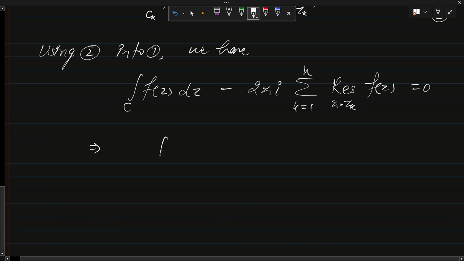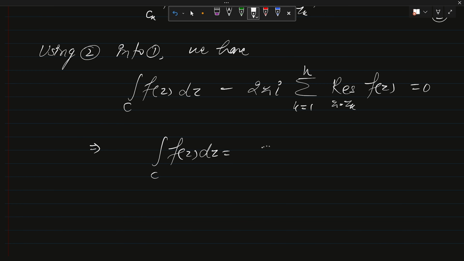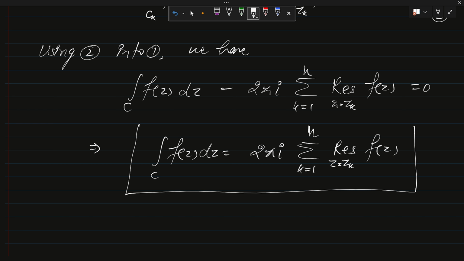And this will imply that integration along C of f(z) dz is nothing but 2 pi iota summation k running from 1 to n, then residues of f(z) at z equal to zk, okay? So this is a very powerful theorem in the discussion of residue, okay?